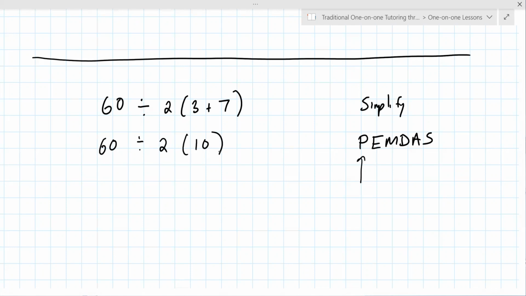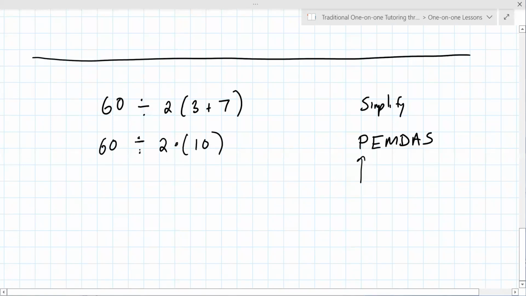Okay, so now you've got to decide, do you divide or do you multiply? Well, you actually do them left to right.